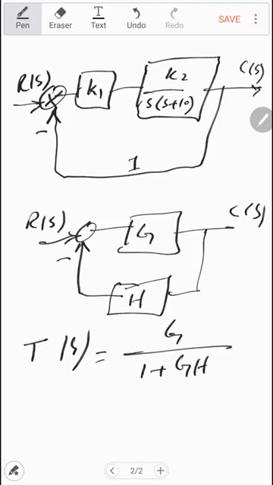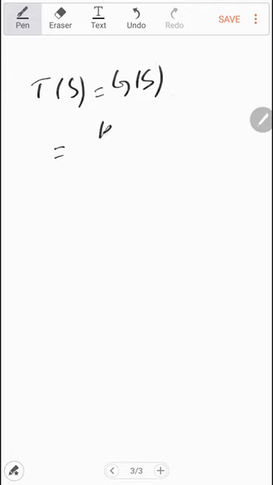With this closed loop transfer function we can use figure 1. G(S) will become equal to K1, K2, and then S over S plus 10.